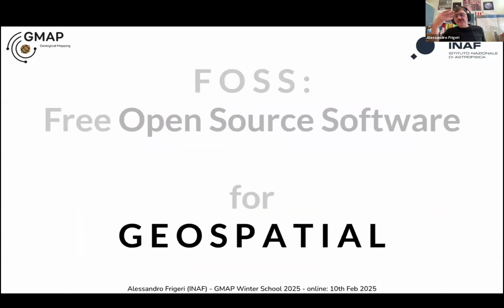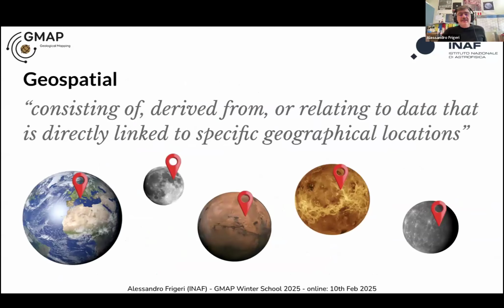So the last point is geospatial. What is geospatial? Simply enough, geospatial means that this software relates to data that is linked to a geographical location. As we saw with Giacomo, we are dealing with geographic, spherical reference systems and projected reference systems.